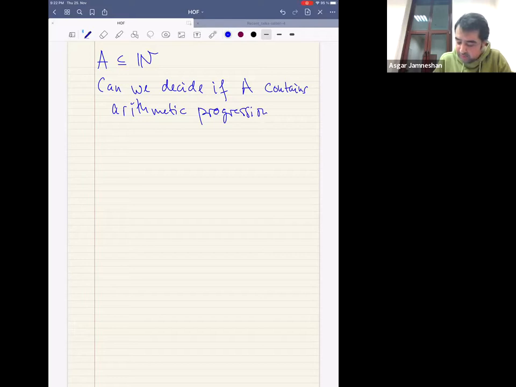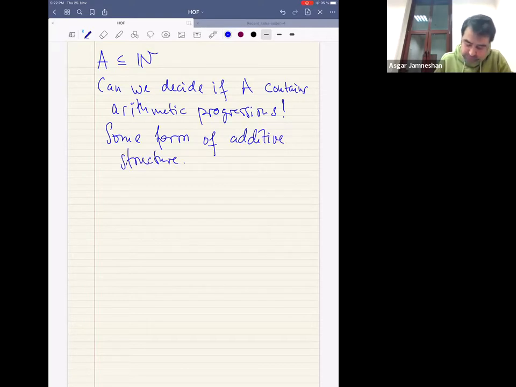In other words, some form of additive structure. So how can we decide this? The thing is that A could be anything, right? A priori, we don't impose anything on A other than being some collection of numbers.